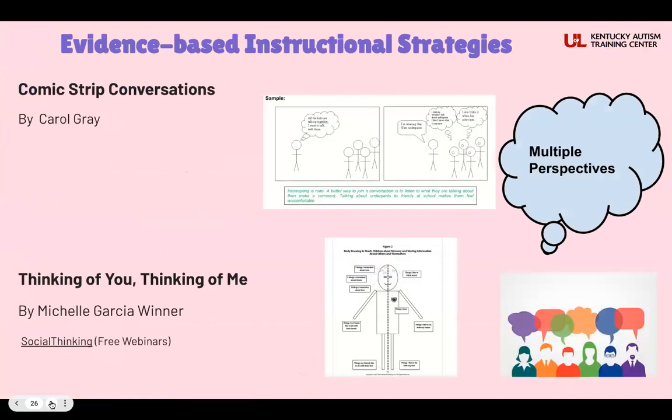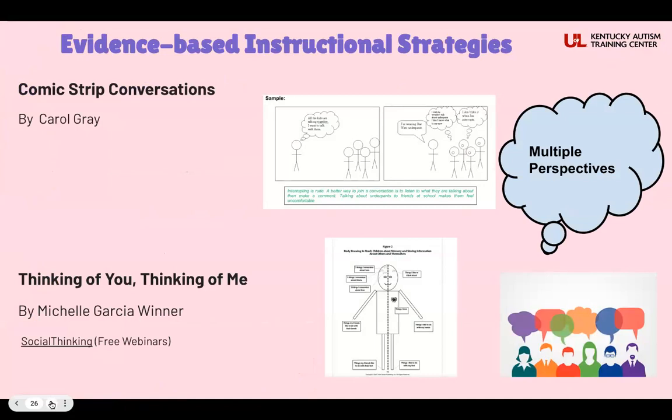All right, some evidence-based instructional strategies when it comes to visual supports in teaching explicitly. Okay. And these could be used as cue cards, as cue strategies. One of them is Comic Strip Conversations by Carol Gray, and I put a link to that website at the very end of the PDF.